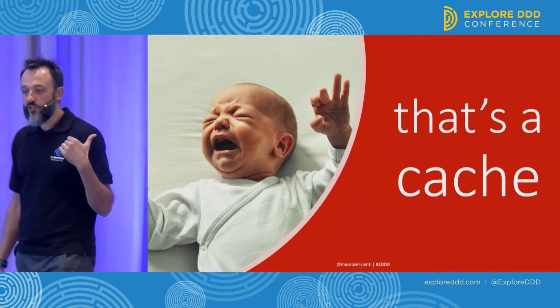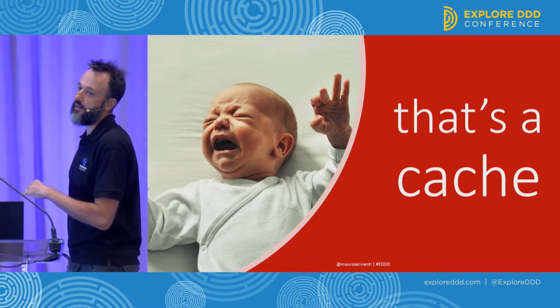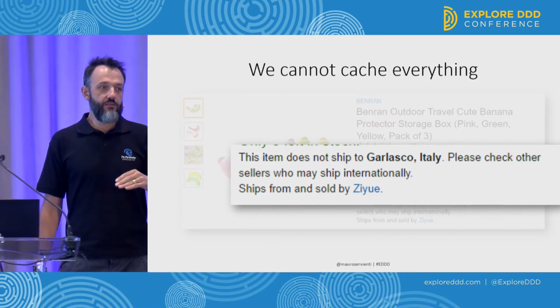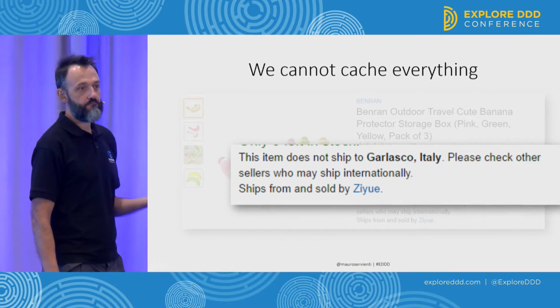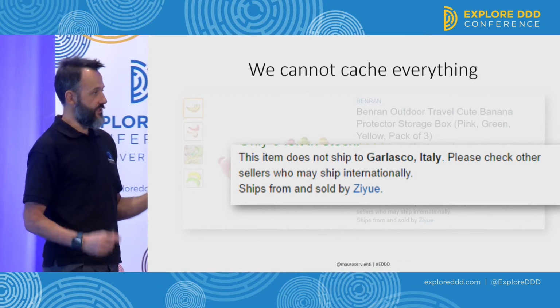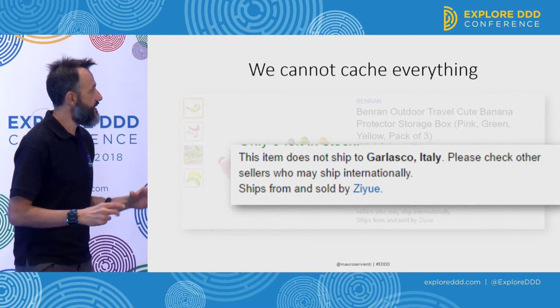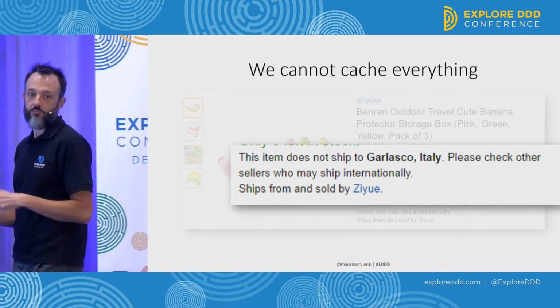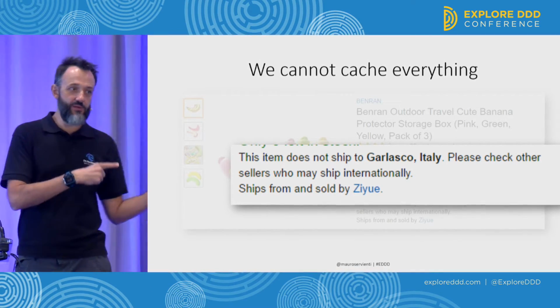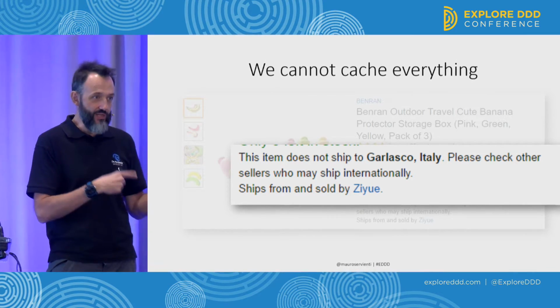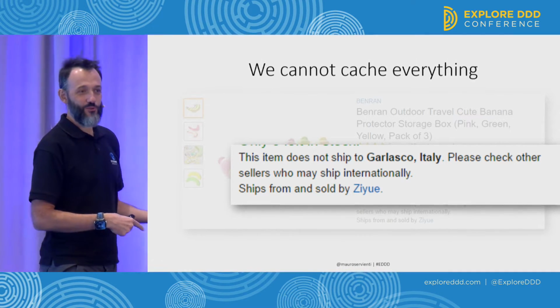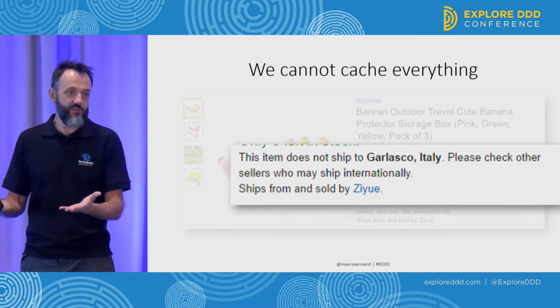And with such a cache in an Amazon-like scenario, we have things that we cannot really cache. On that page, there's a warning that says, this item cannot be shipped to Italy, because that item is from Amazon.com. I intentionally went to Amazon.com, because I know that there are items that cannot be shipped.